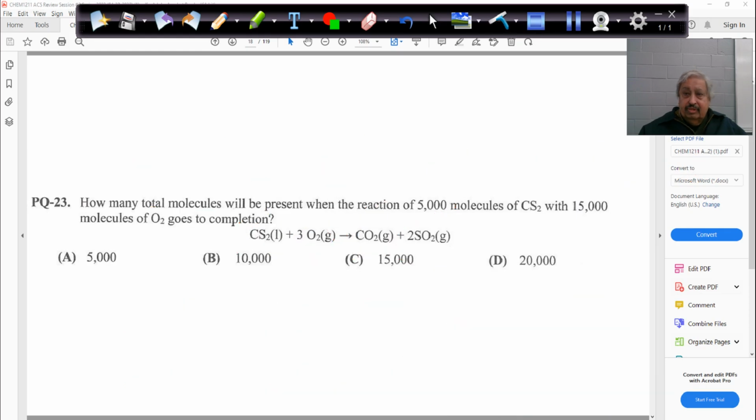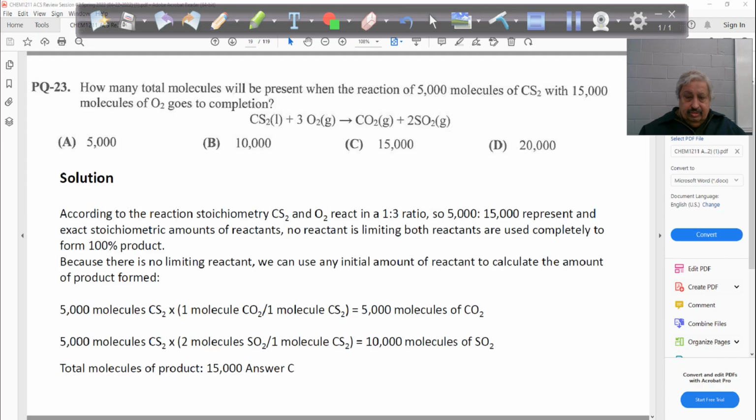So let me see what they have. They will show you how they approach it. Here, guys, look at that. They did the same thing I told you. For CO2, 5,000, correct? Can you see the answer here?